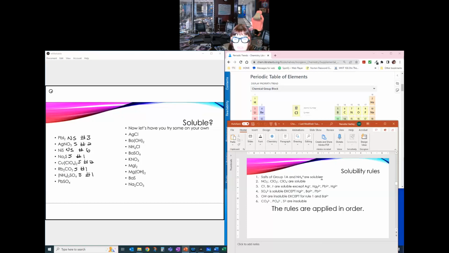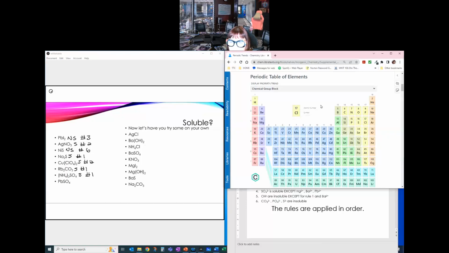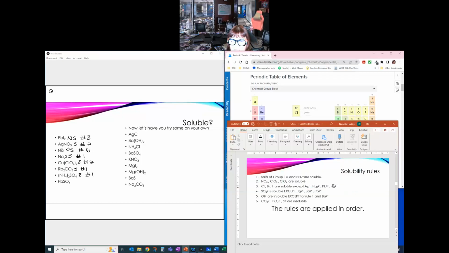When we talk about PbSO4, we look down and ask, where is Pb? Pb, if I'm not mistaken, is right here. So he's a main group element, down under carbon. He's not an alkali metal, and he's not an alkaline earth metal.